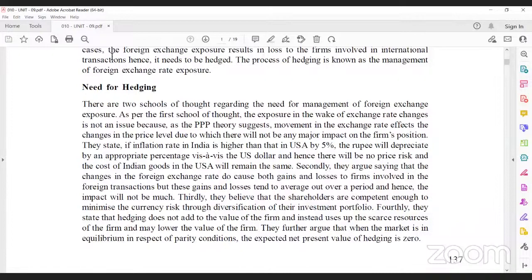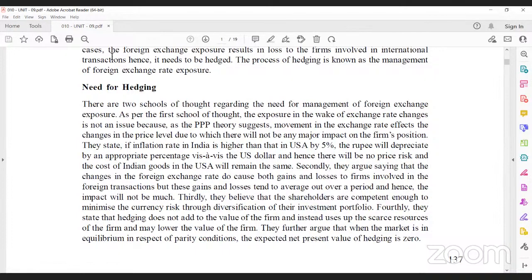And thirdly, the belief that shareholders are competitive and they know enough to minimize the currency risk by diversifying their investment portfolio. And there is a popular saying by Warren Buffett, don't put all the eggs in one basket.